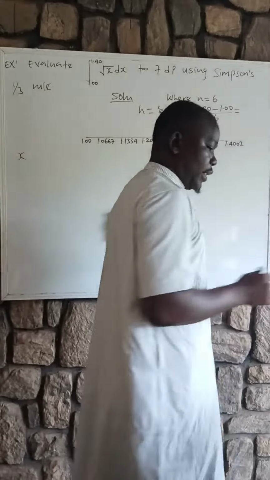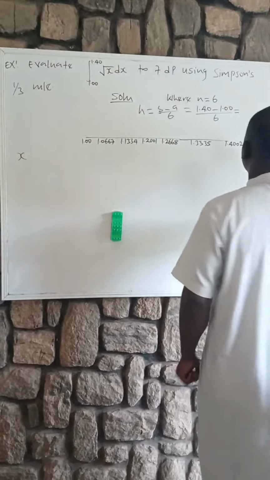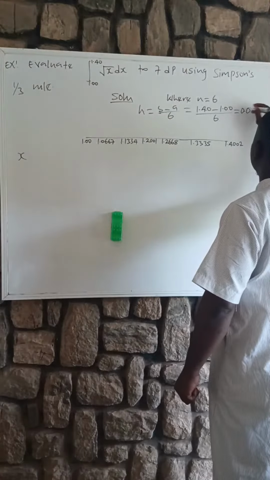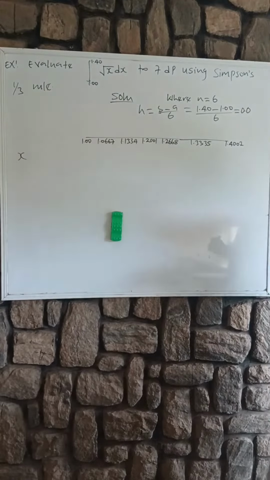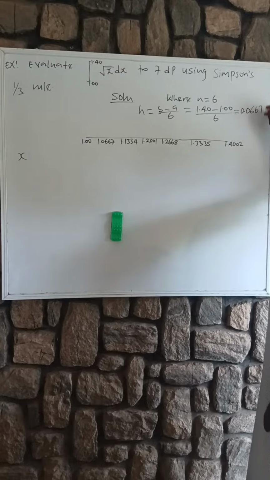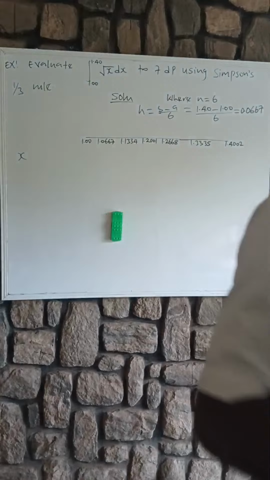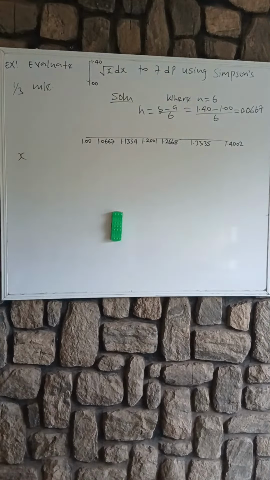We are going to have 0.00667. And this is what we are supposed to have. Is that clear? Are you following? Okay.